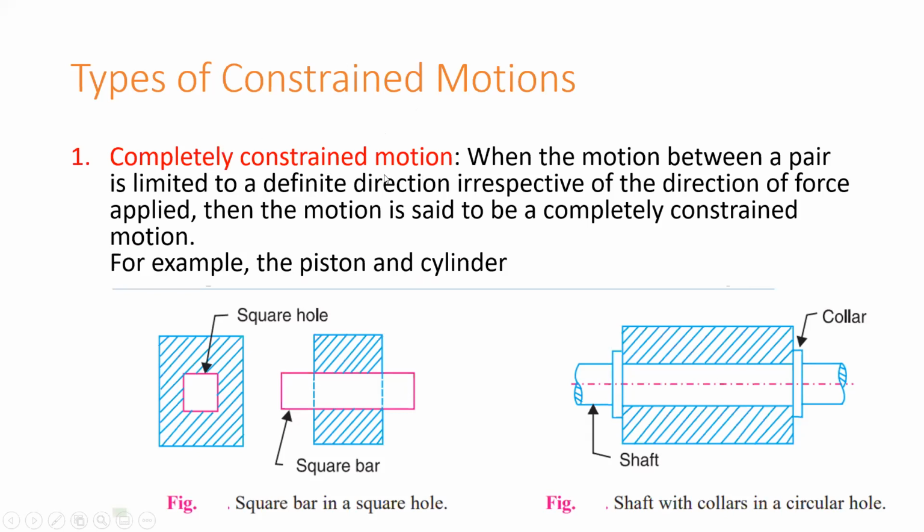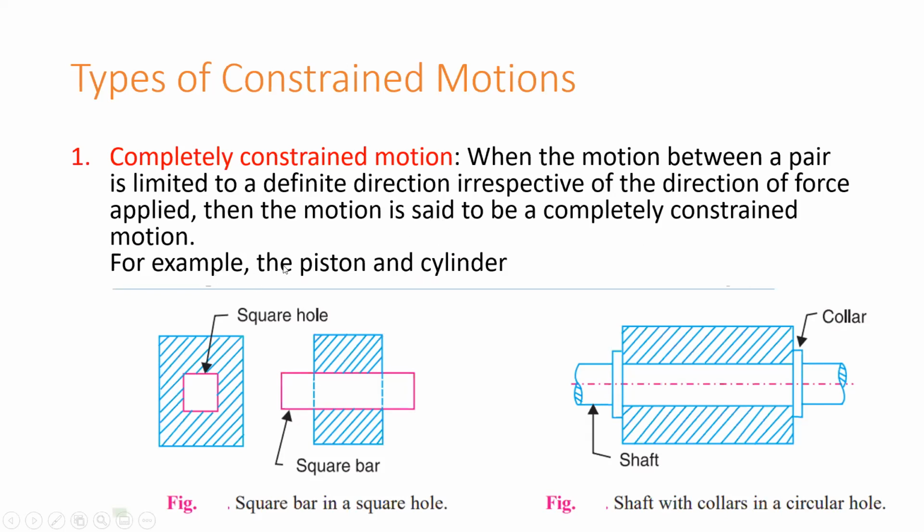Let us see the definition. When the motion between a pair is limited to a definite direction, irrespective of the direction of force applied, then the motion is said to be completely constrained motion.